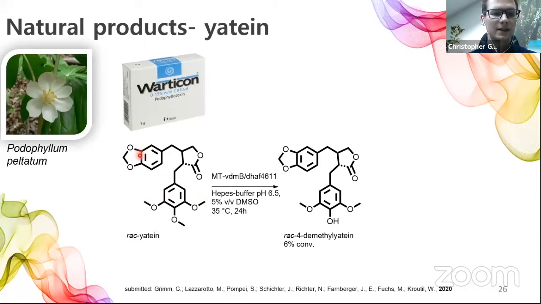The racemic yatein is a precursor of podophyllotoxin, which is a treatment against warts and can be obtained from the plant Podophyllum peltatum. And the veratrole O-demethylase easily demethylates here in the middle position to this racemic 4-demethyl yatein.